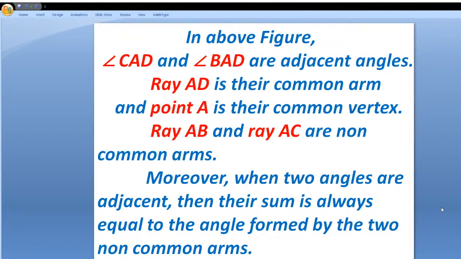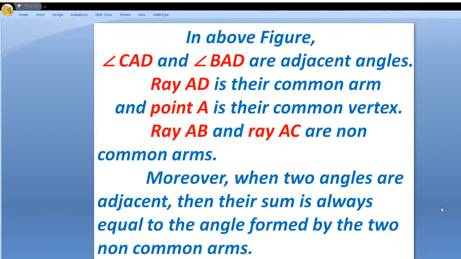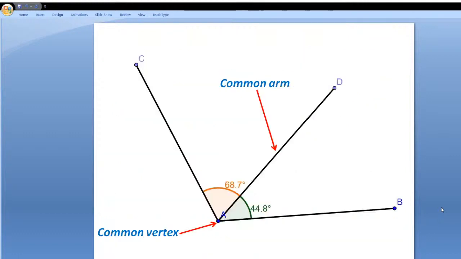In the above figure, angles CAD and BAD are adjacent angles. Ray AD is their common arm. Point A is their common vertex.